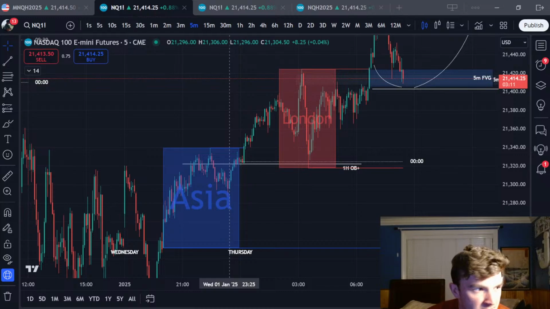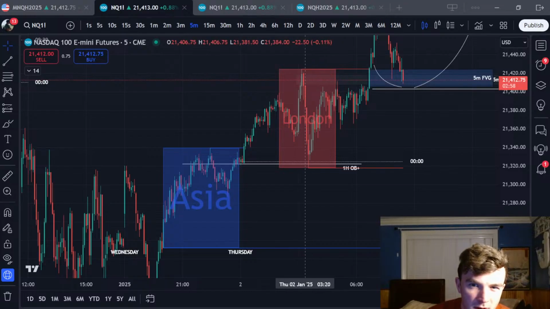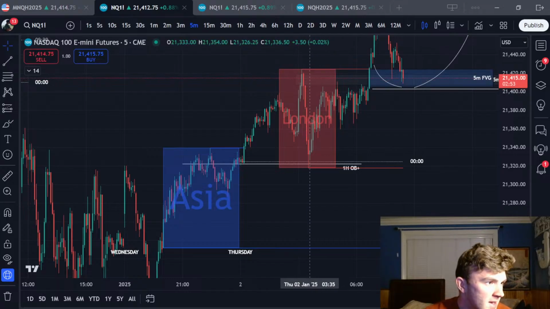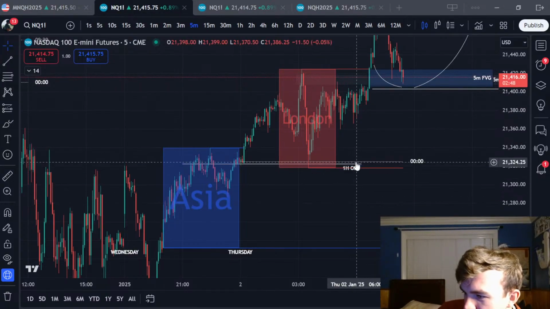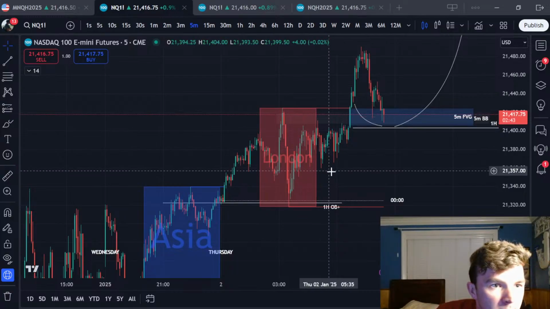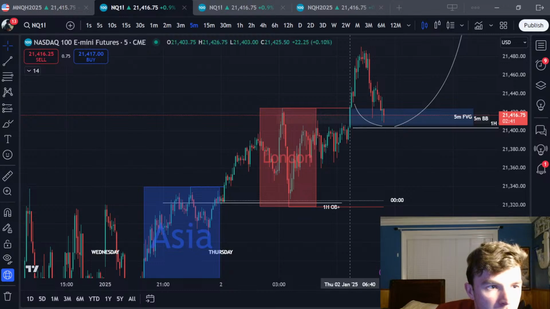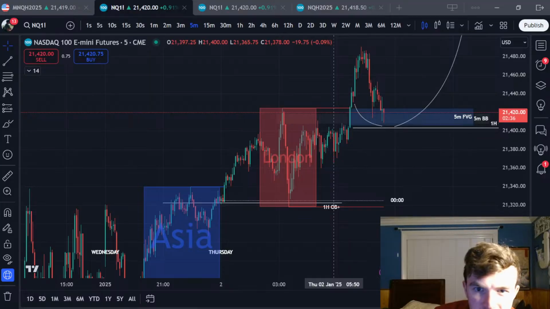Do you guys see any SMTs at all? See, this is a lower low on NQ, and it's a lower low on the S&P, and it's a lower low on YM. So we don't have any SMT. Okay. What about here? We had an SMT with YM here, I think. I don't know how significant that is.